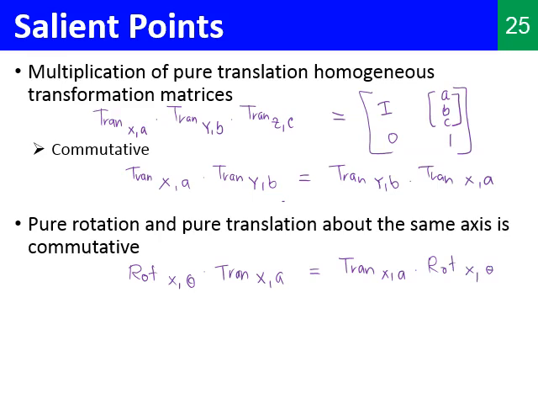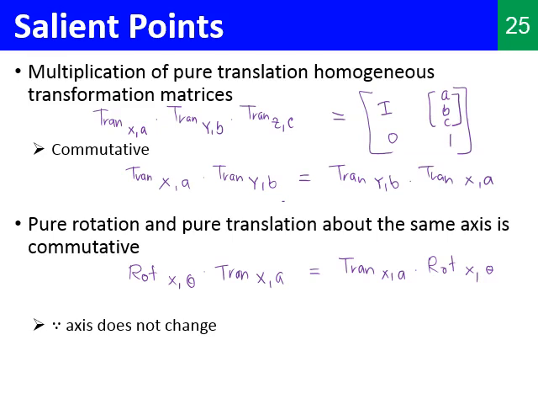So this is possible because when we do a rotation about a certain axis, that axis direction will not change, right? So when we move in the same direction, it is same as we first move in that direction and do the rotation about the same axis. Therefore, those are commutative, right?